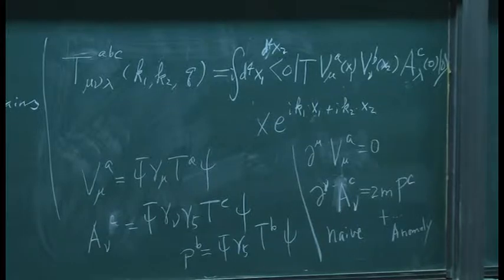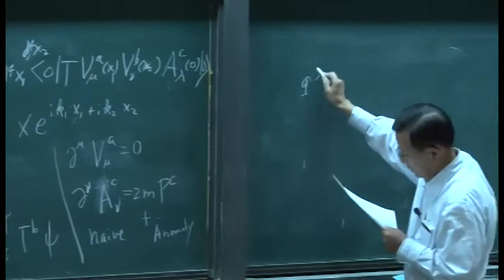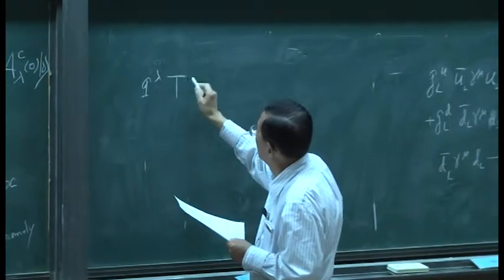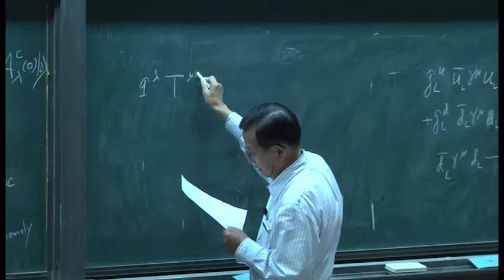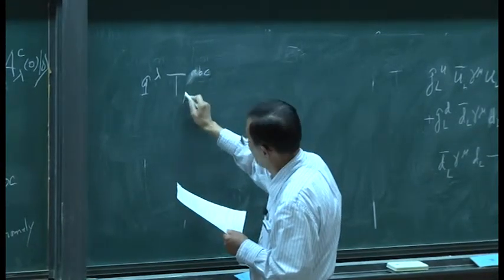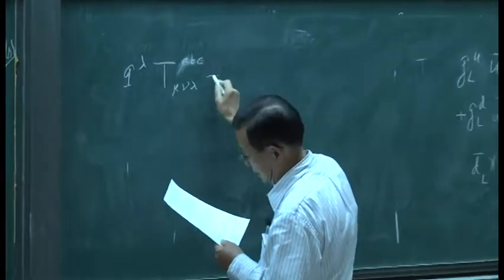Now, you take the divergence of this current, J^5_μ, with T^A, T^B, T^C.